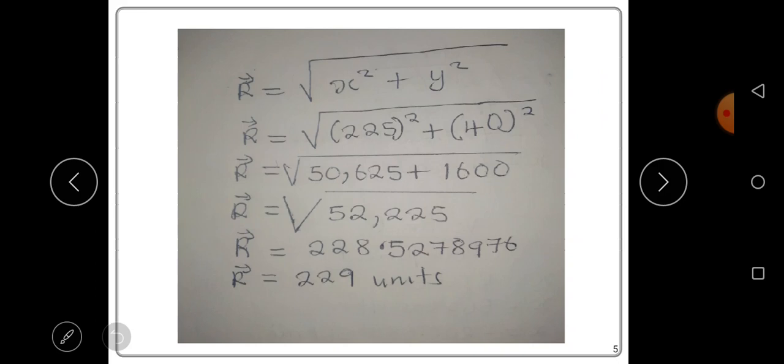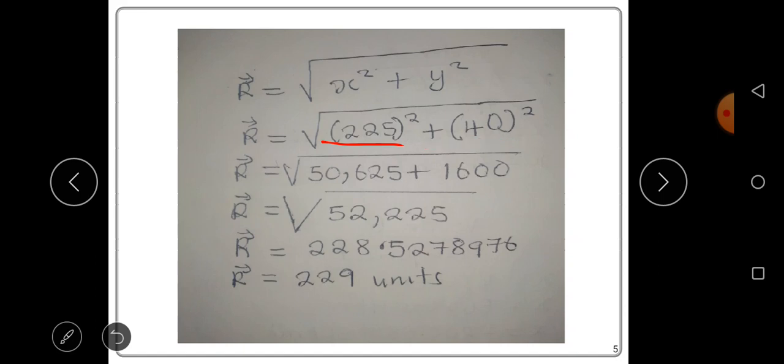To find the magnitude, this is the equation. The magnitude of this vector is given by the square root of the x component squared plus the y component squared. We substitute the x component with 225 and square it, then substitute the y component with 40 and square it.